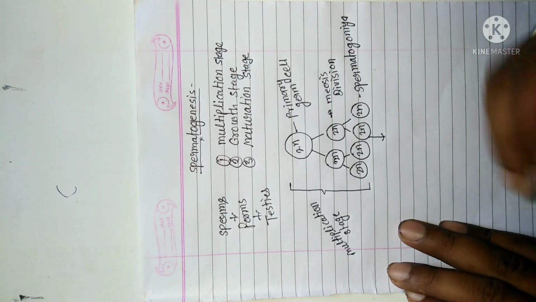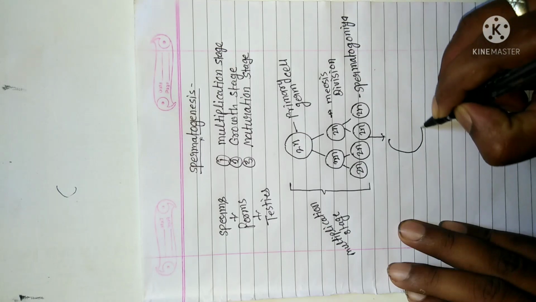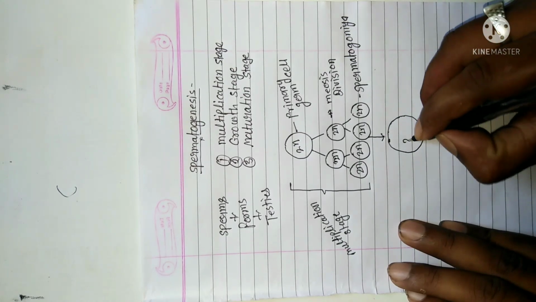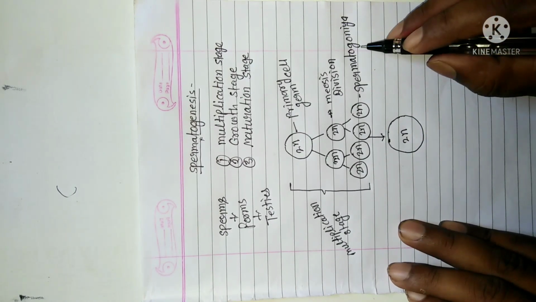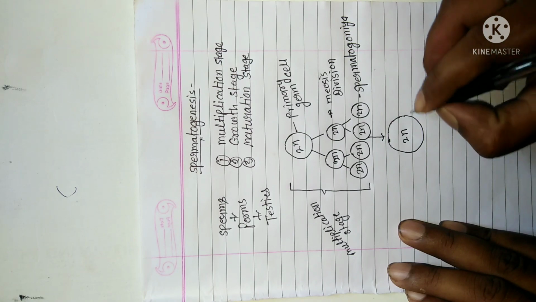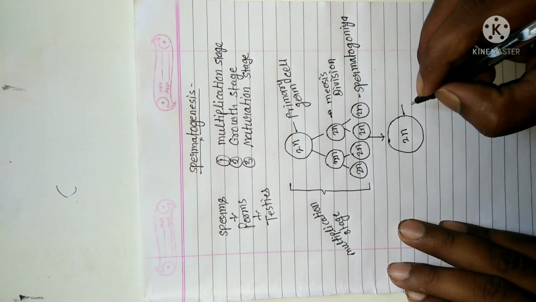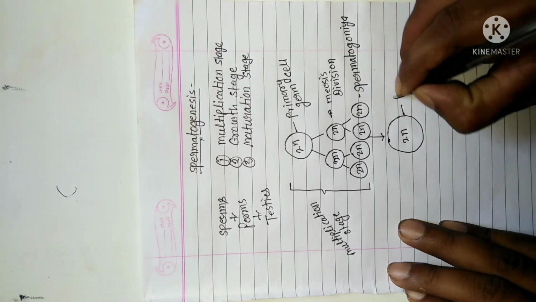takes excess food and increases its size. One spermatogonia takes excess food and increases its body size. This cell is called primary spermatocyte cell.